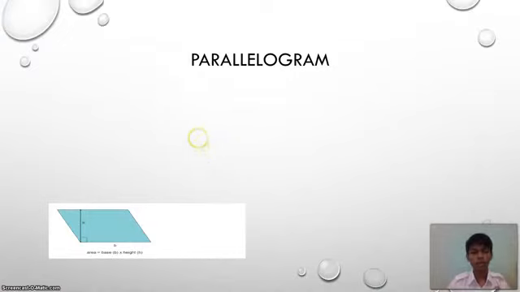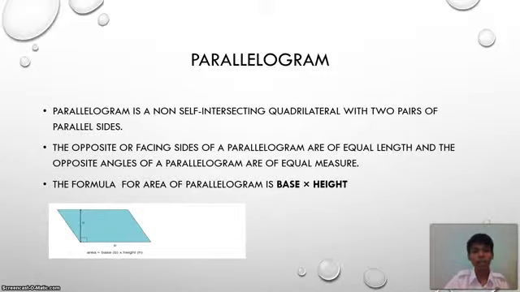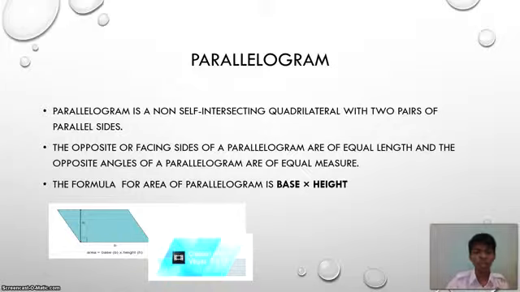Assalamualaikum, my name is Muhammad Jazmi bin Hashim. Our group presented about area, and I will present about parallelogram. What is a parallelogram? A parallelogram is a non-self-intersecting quadrilateral with two pairs of parallel sides. As you can see, each pair of sides has the same length.